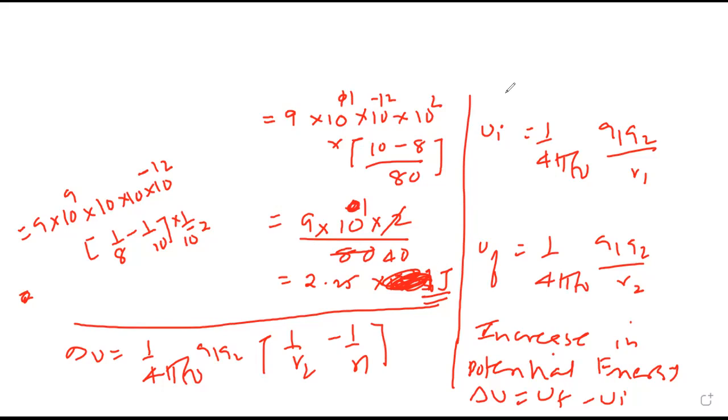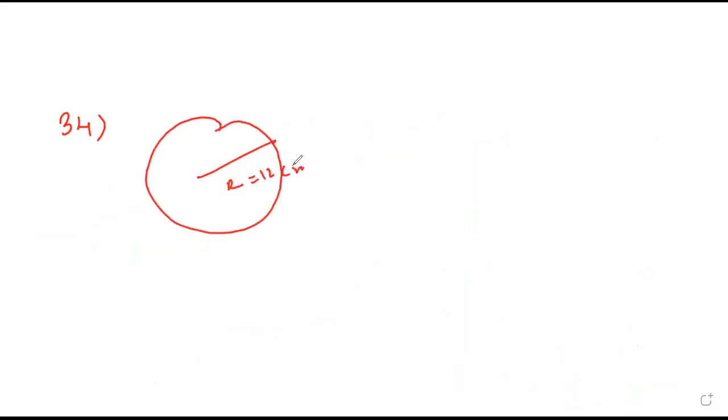Come to sum number 34. Electric potential due to a hollow charged metallic sphere of radius 12 centimeter at a distance of 6 centimeter from the center is 100.